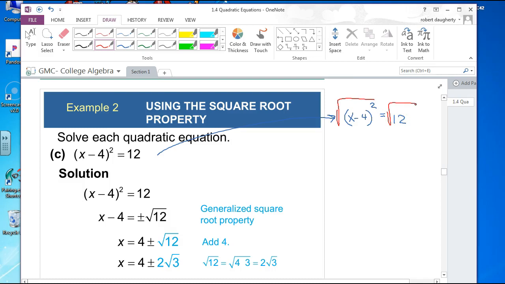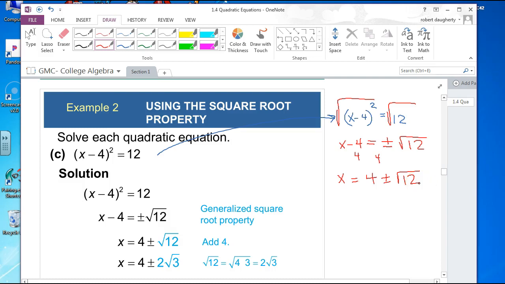When I take the square root of the left, I get x minus 4 equals, and I'm going to have a plus or minus in my answer, the square root of 12. To solve for x, you can just add 4 to both sides. So x is equal to 4 plus or minus the square root of 12.